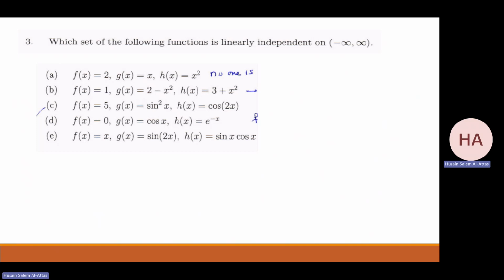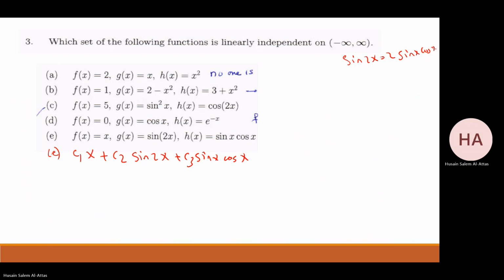So I need to prove the ones which are dependent. I will start with E. So I have C1x plus C2 sine 2x plus C3 sine x cosine x. Which formula should I have in my mind? Sine 2x equals 2 sine x cosine x.